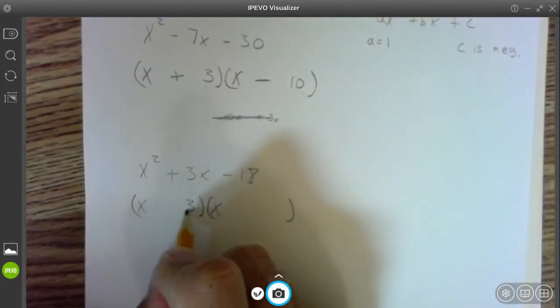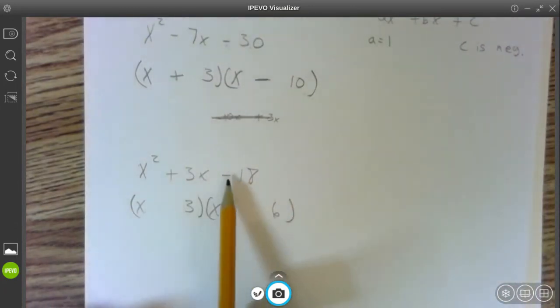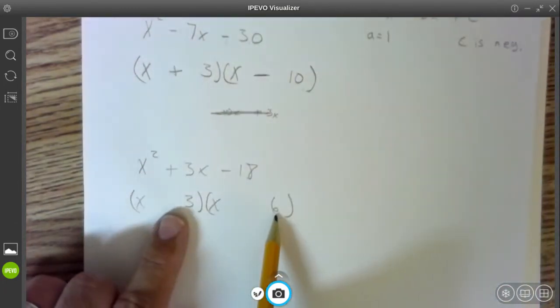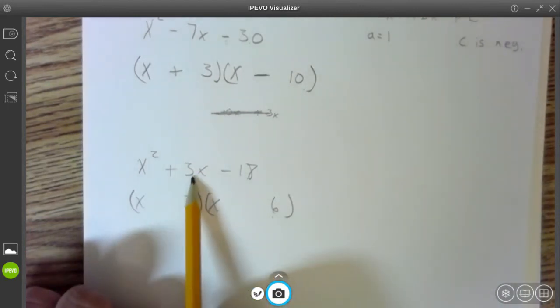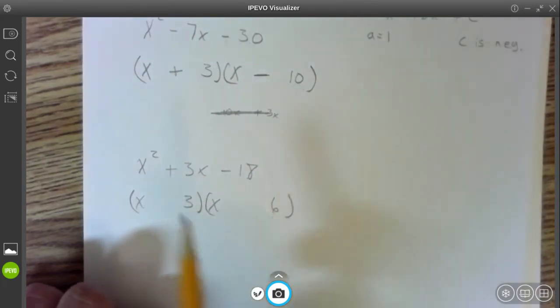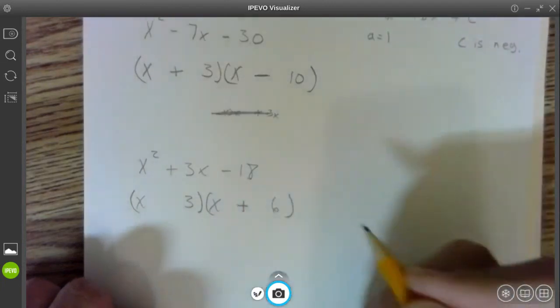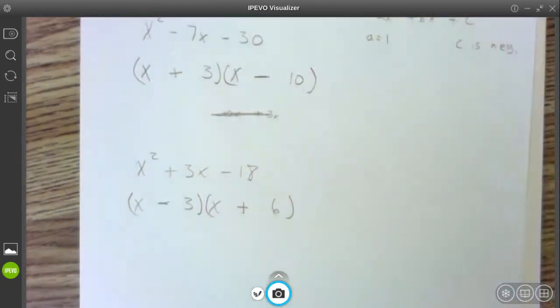That's going to be 3 and 6. Because this is negative, the two numbers here have to be different signs. And because the 3 is positive here, that's going to tell us that the bigger number has to be positive. So it's a positive 6 and a negative 3. That's it.